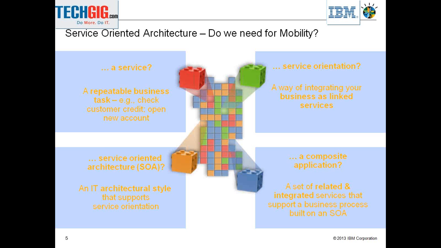That is an integration of those linked business services, and that is what we call service orientation. The same service orientation is applied to mobile applications as well. So that is what we need to look at when we think about mobility or mobile applications as such. The same architectural principles apply directly.